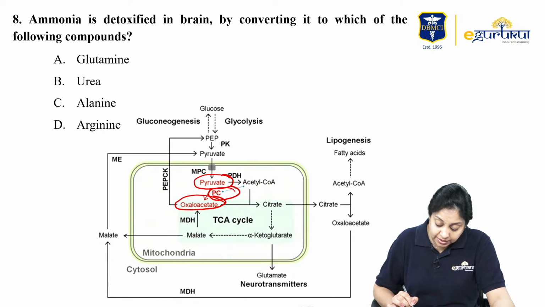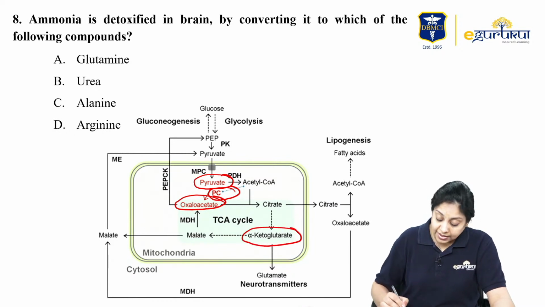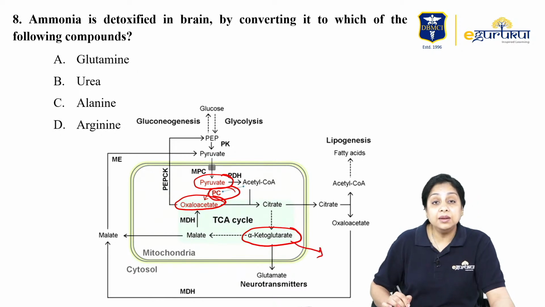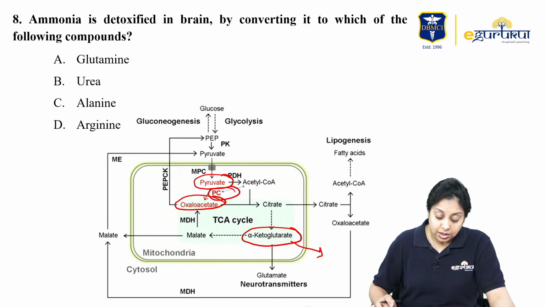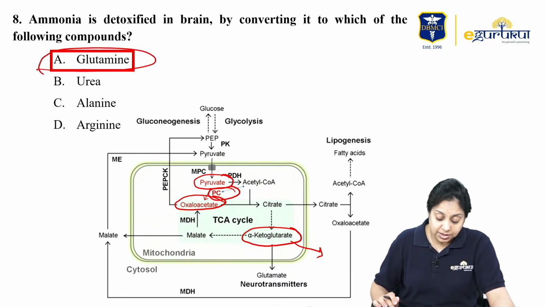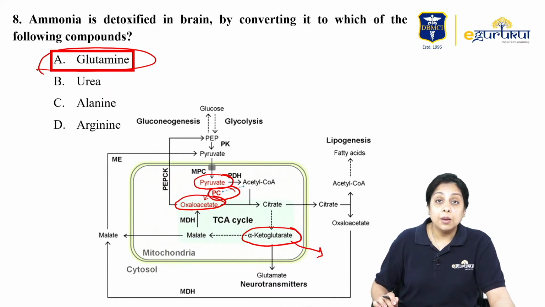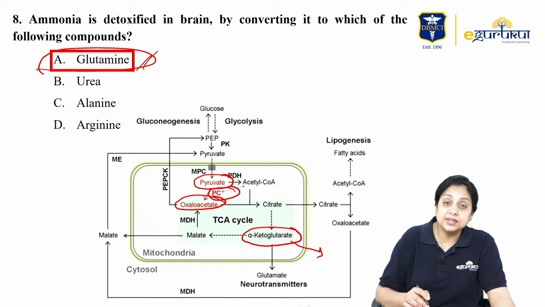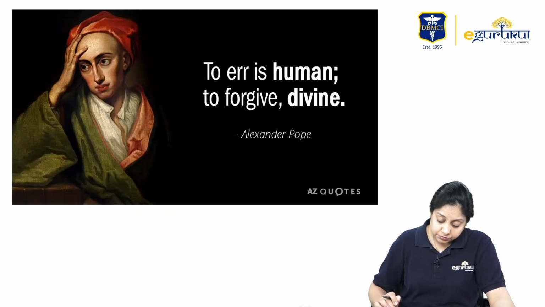And then we can synthesize more alpha ketoglutarate, and this can be used for brain detoxification. But which amino acid is involved? Glutamine is involved. They may give you alpha ketoglutarate, they may give you glutamate, but ultimately it is released as glutamine and hence it is detoxified.